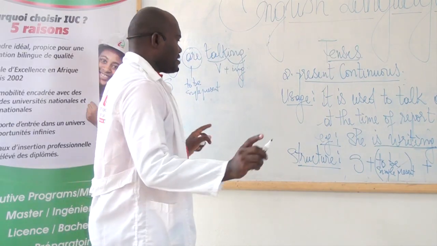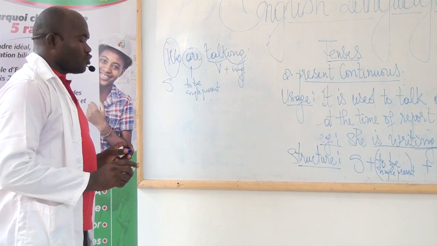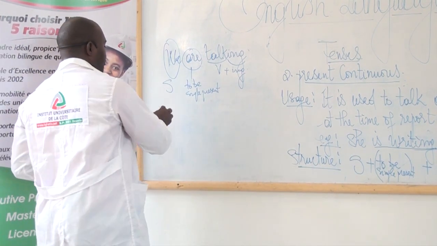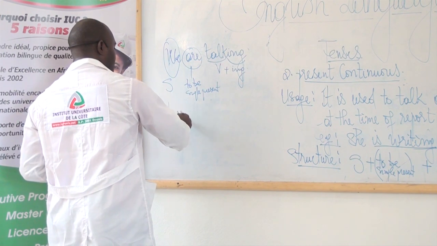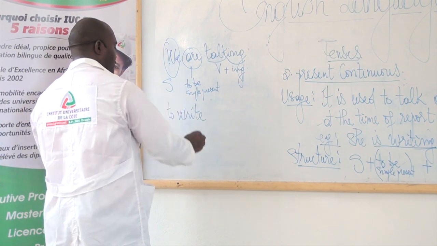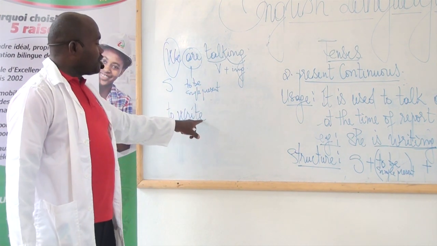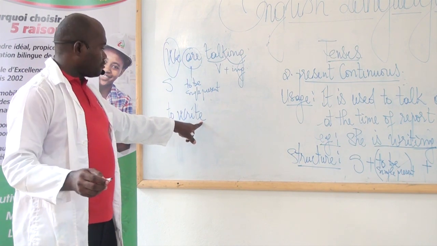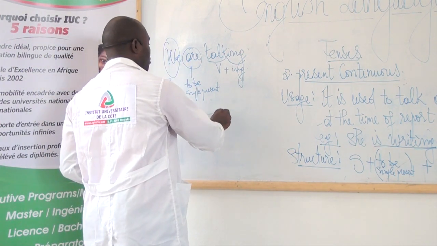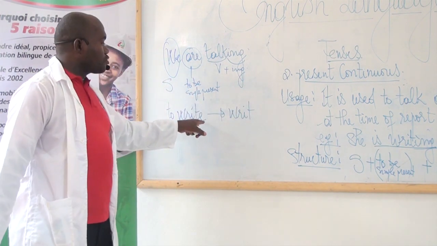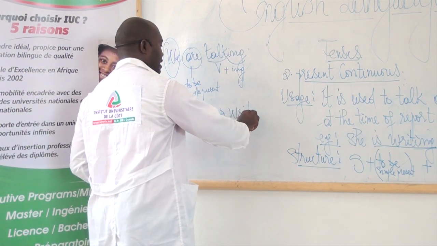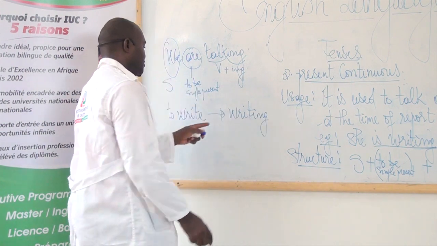Okay, there is a problem that you should note. If, for example, you have a verb such as to write, before adding ing, you need to be very careful. Here, what do you do? You remove the e and you substitute it with ing.